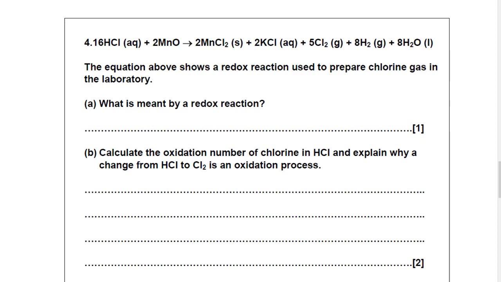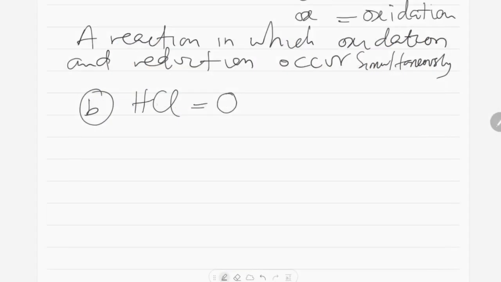So to do that, the overall oxidation state, since there's no charge, is equal to 0. For hydrogen, the charge is positive, so we have plus 1 plus for the chlorine, which is X, giving us 0. So X is equal to minus 1.